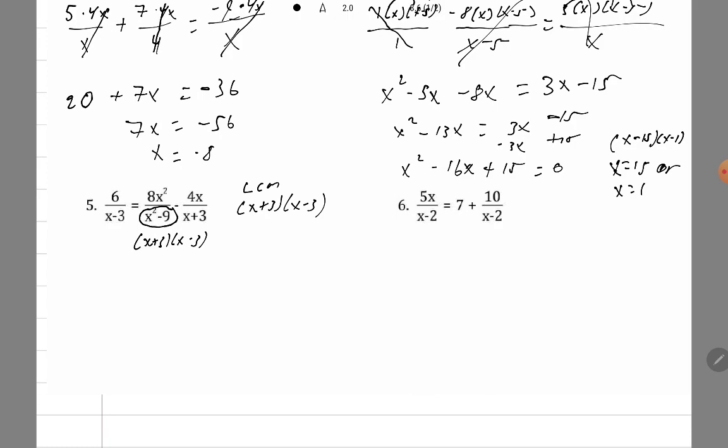Okay, so I'm going to multiply the entire equation by my LCM.